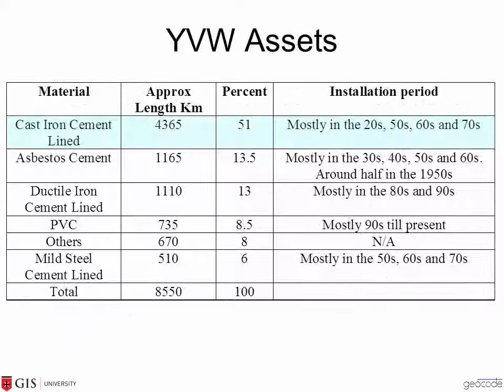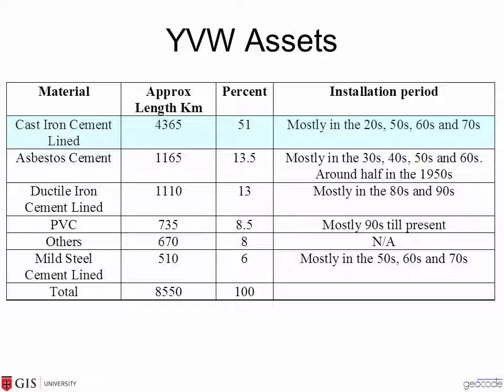So let's take this idea a bit further by applying it to some of Yarra Valley Water's assets, in particular their cast iron cement lined assets, which represent around about half of Yarra Valley Water's assets, 4,365 kilometres to be exact, mostly installed in the 1920s, 1950s, 1960s and 1970s.